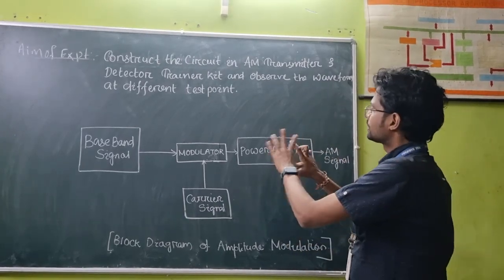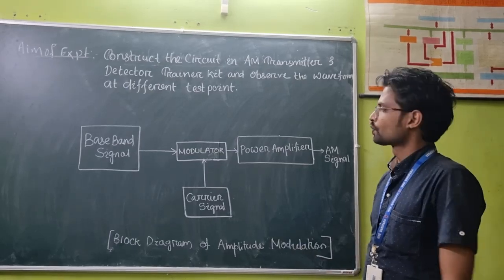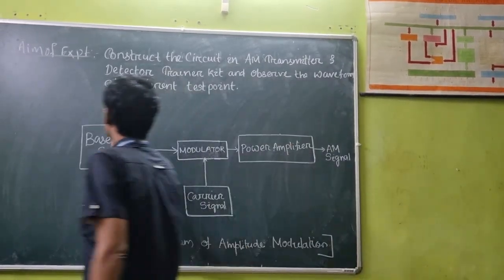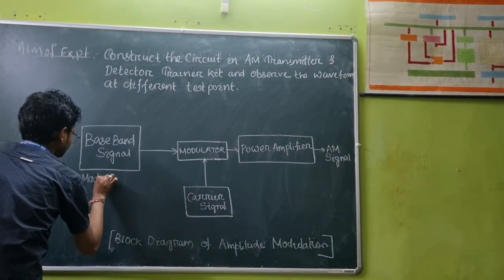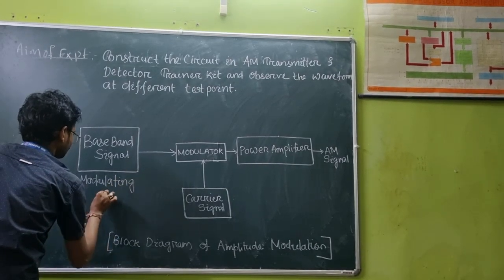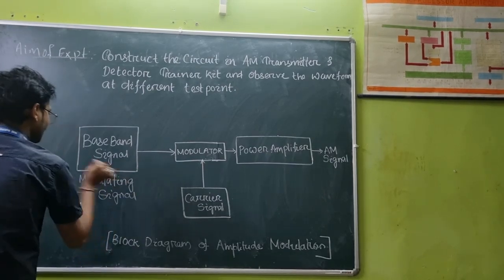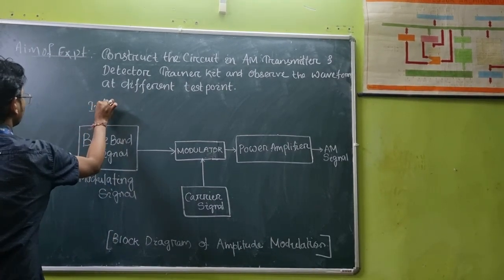So see the block diagram. This is a block diagram of amplitude modulation, where there is a baseband signal, or it can be called the modulating signal. It has another name, which is known as the information signal also.